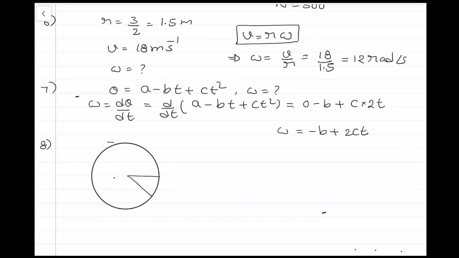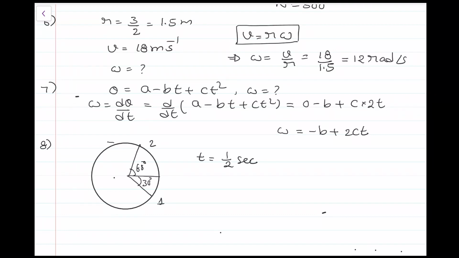One is at 30 degree, another one is at 60 degree. This is point 1 and this is point number 2. Here a particle moves from 1 to 2 during a time of half second. So time is equal to 1 by 2 second. Find the average angular speed of the particle.